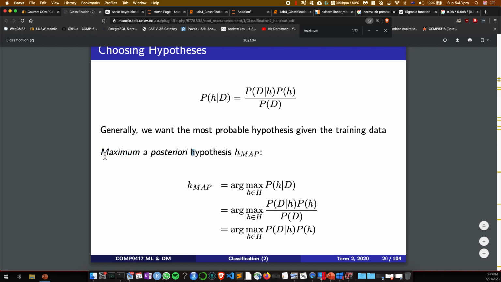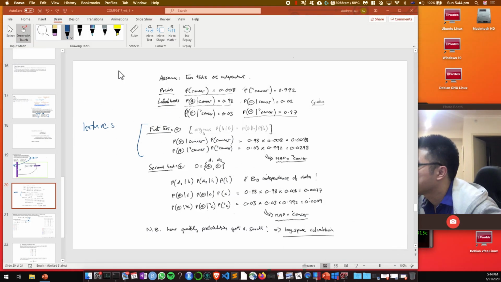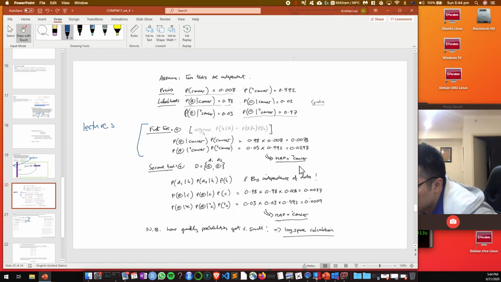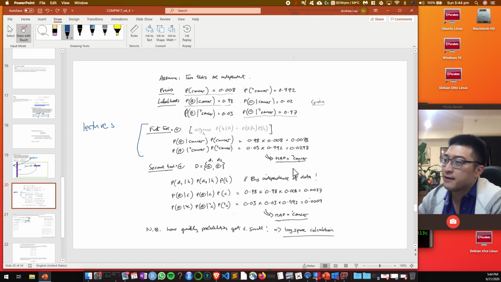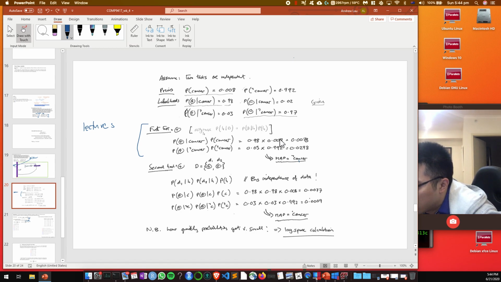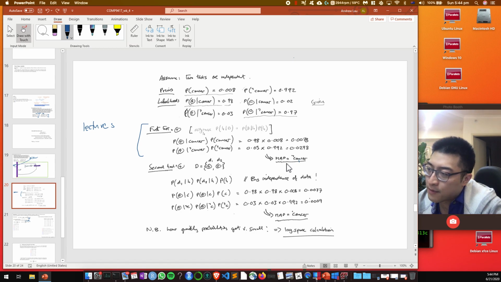I'm definitely not pronouncing this right, I apologize. The maximum a posteriori hypothesis. That's what I'm trying to say. But this MAP, the more likely outcome given what we've seen, is that it's not cancer.